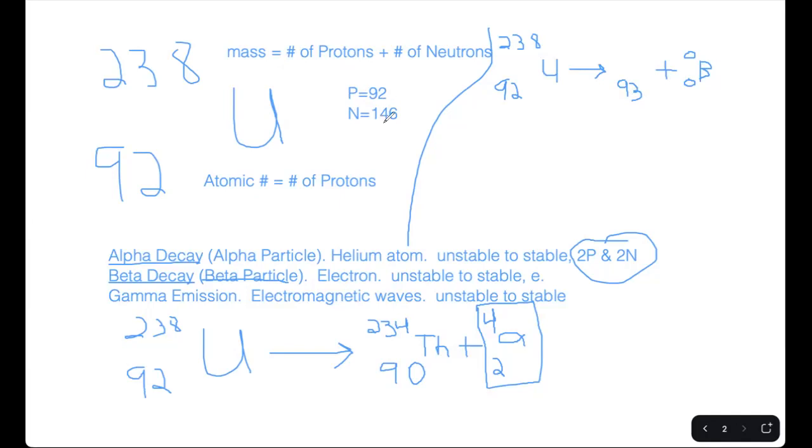But if I take a neutron away and I make a proton, my mass does not change. So we have the same mass, but we have a different element. So the element instead of uranium is neptunium, which is Np, capital N, and lowercase p.